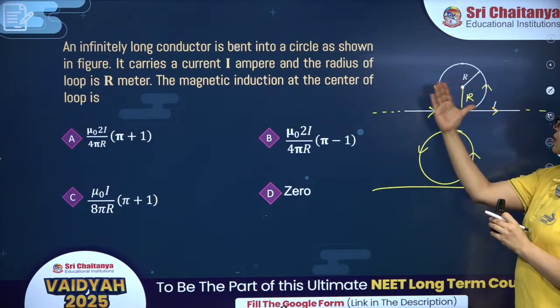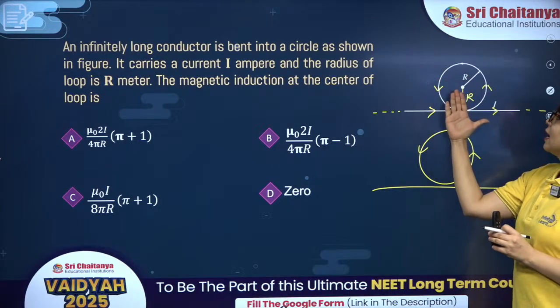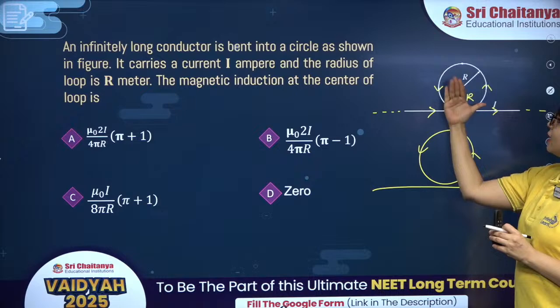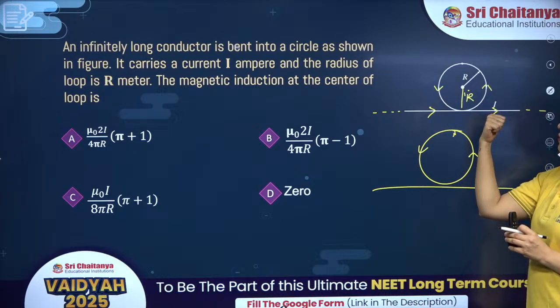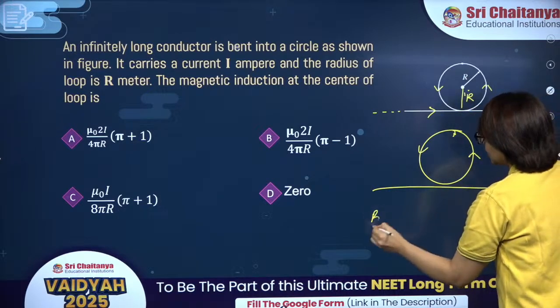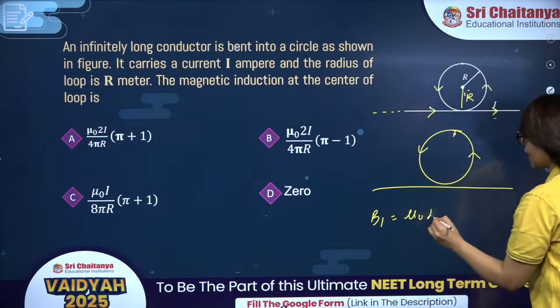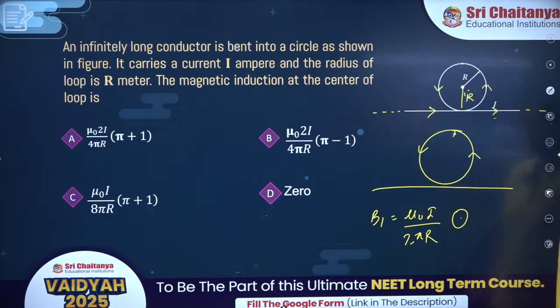See, current is going like this. You have to stretch your thumb in the direction of current, align your fingers towards the center and curl. The curl is out of the plane. So magnetic field due to this infinitely long wire is out of the plane over here, and it is equal to mu naught I divided by 2 pi r, and it is out of the plane.